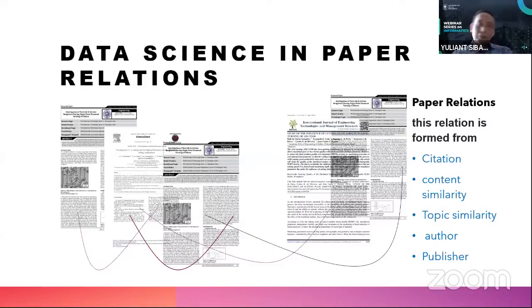The other things are topic similarity, author, or publisher. Maybe we can make a relation with papers created by the same author, or papers that have the same publisher, or between one paper and another paper based on topic similarity.